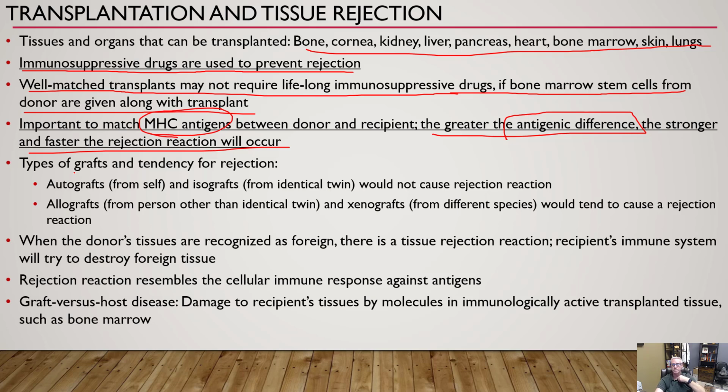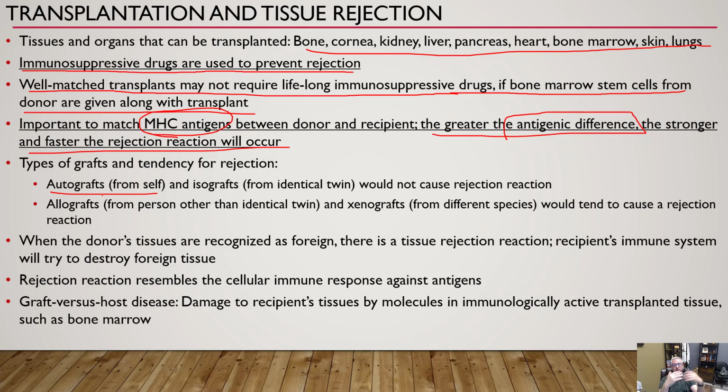Because they're taking it from yourself, that is called an autograft. An autograft is going to be the best, because if it's coming from you and going to you, there's not going to be an MHC antigen difference. So you're not going to have an antigenic difference.